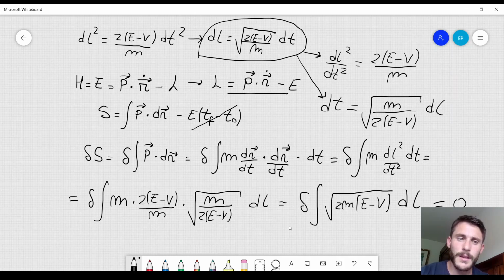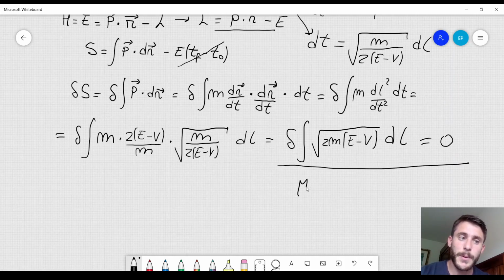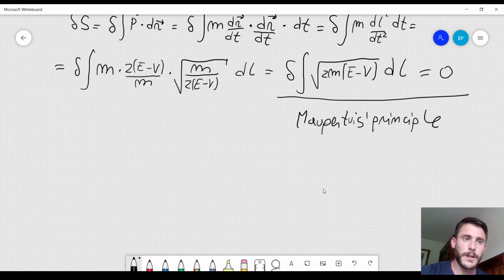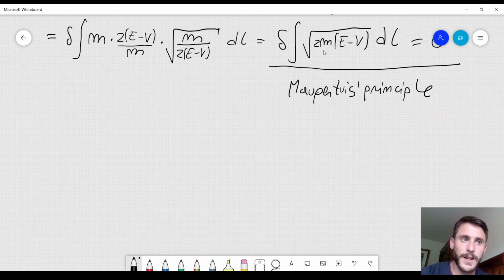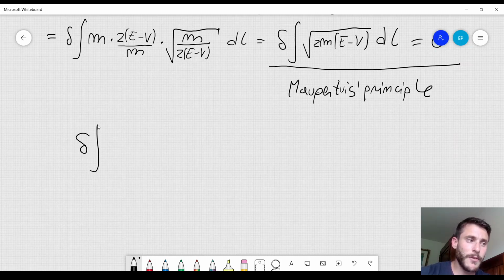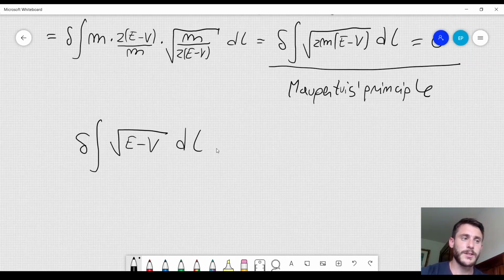Now when I reformulate the action principle in terms of dl, this is called the Maupertuis principle, and therefore I can get rid of this factor of square root of 2m, because I just want to find the path of the particle. So I can just simply take the variation of this integral here, integral square root of e minus v dl, and I have to set this equal to 0. Now I want to calculate this variation, and it is very easy if, for example, the potential energy is equal to 0.